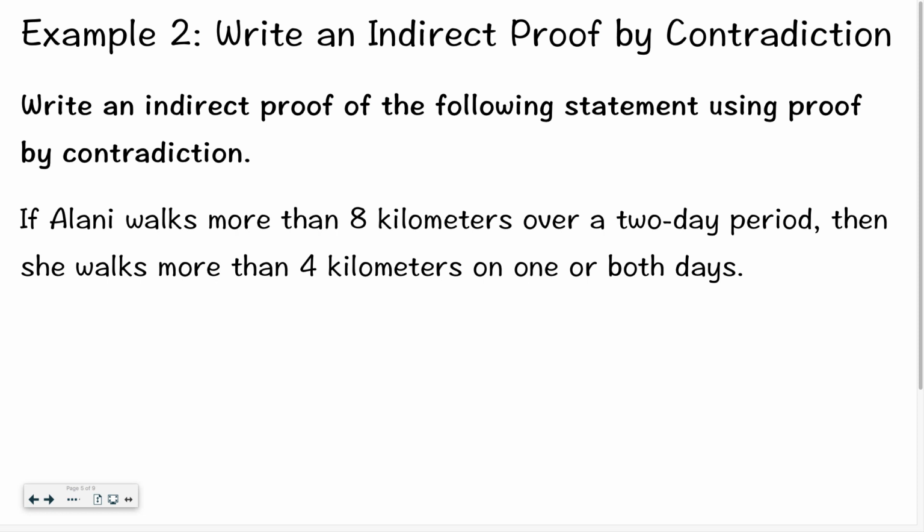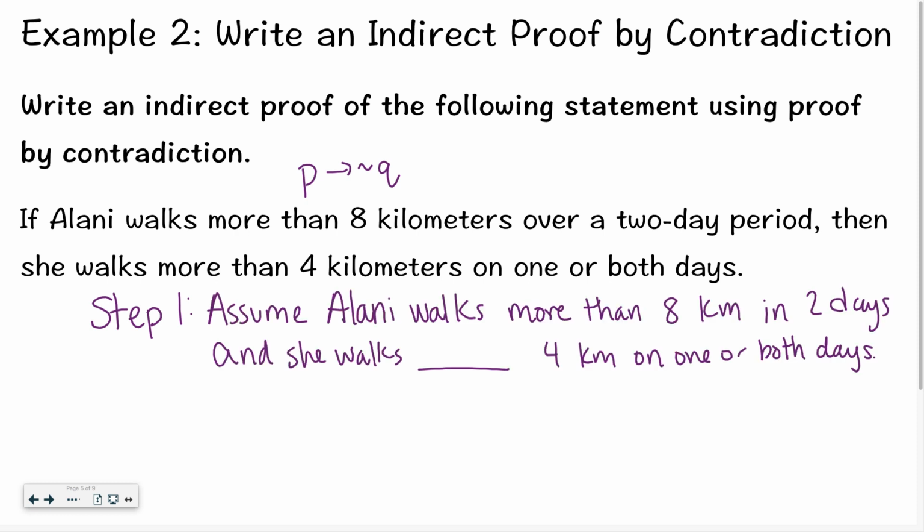So write out step 1. And remember, this is where you assume that P and not Q is true. So I'm going to say assume Alani walks more than 8 kilometers in 2 days. That's my P statement, right?